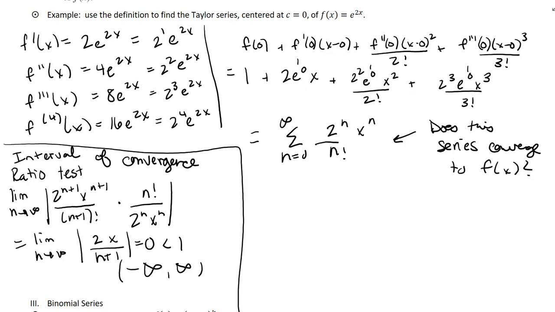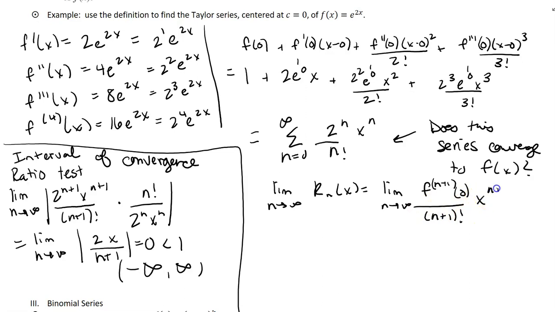So the thing that we're going to find next, to answer the question of whether the series that we found converges to f of x, is the limit as n approaches infinity of R sub n of x, which is the limit as n approaches infinity of the n plus first derivative of f at 0, divided by n plus 1 factorial, times x to the n plus 1 power.